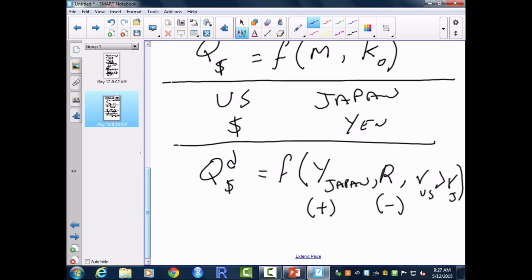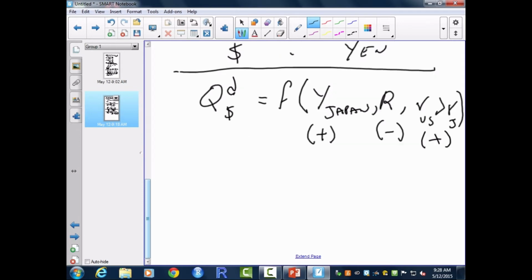They convert their currency into the US dollar and then save it in banks, because banks here pay higher interest. Therefore, the relationship here would be positive. So those are the three main variables that determine quantity demanded for the US dollar as far as the relationship between US and Japanese yen is concerned.